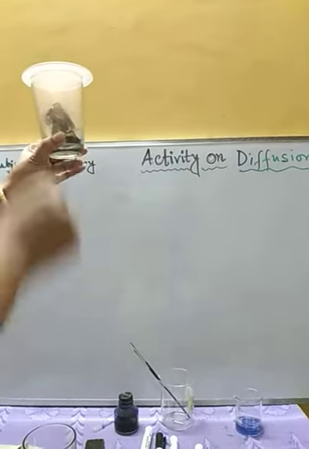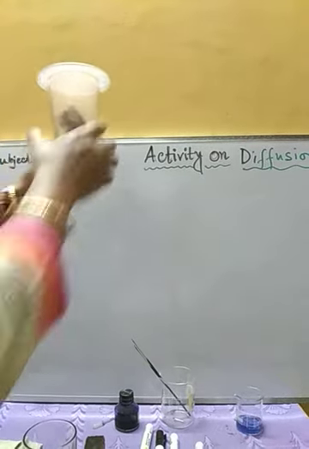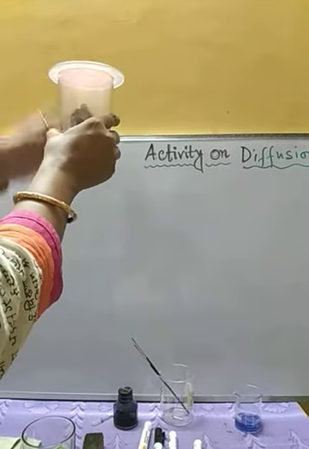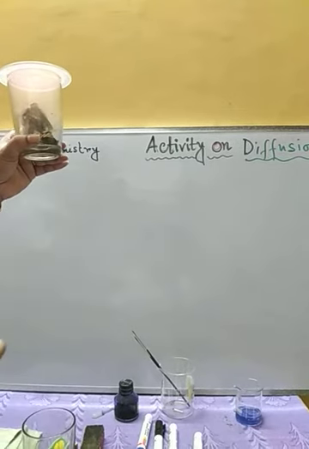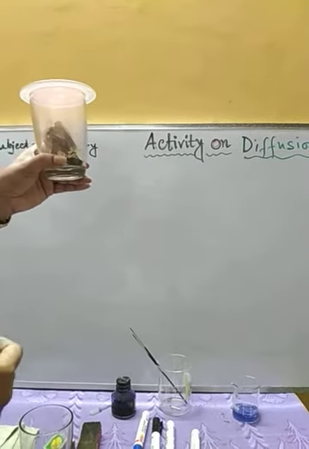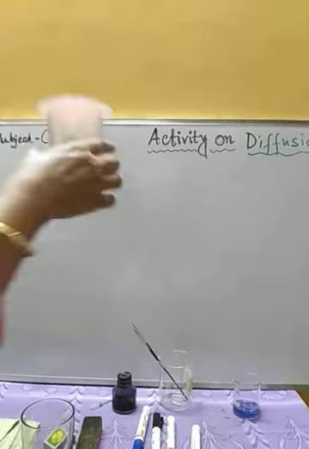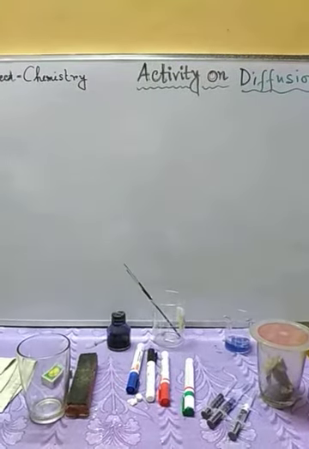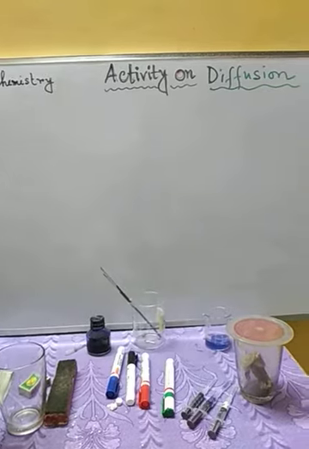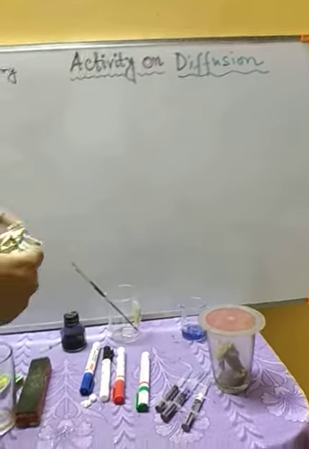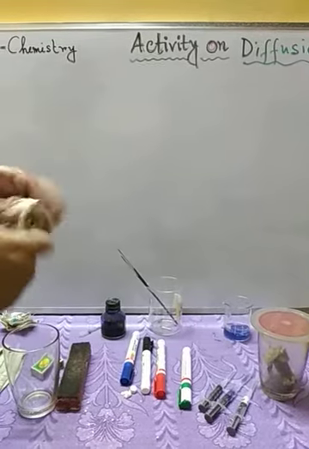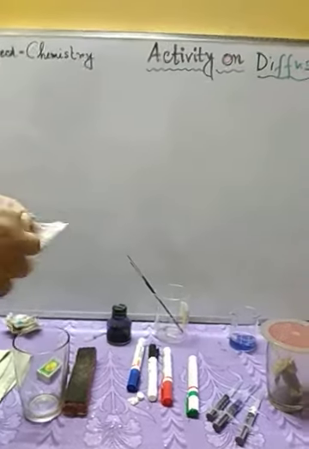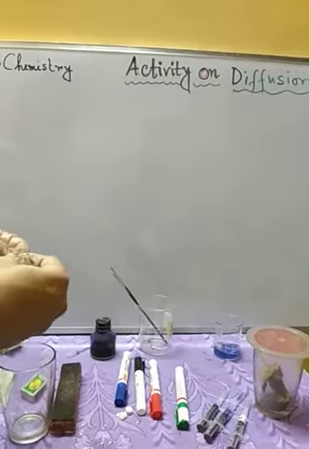How to do this is very easy. We have to take a piece of paper, so I'm going to show you. This is a piece of paper we are going to take to produce smoke.